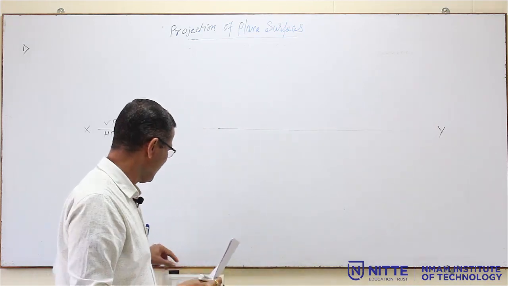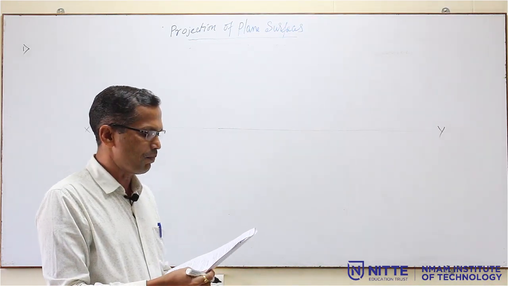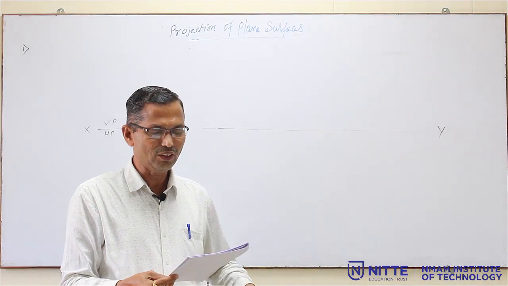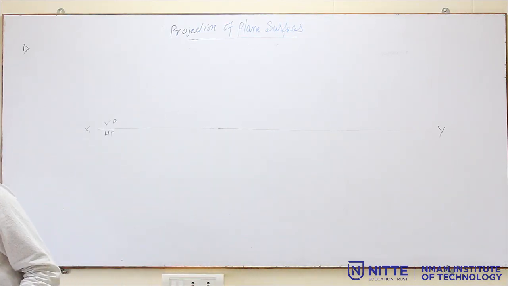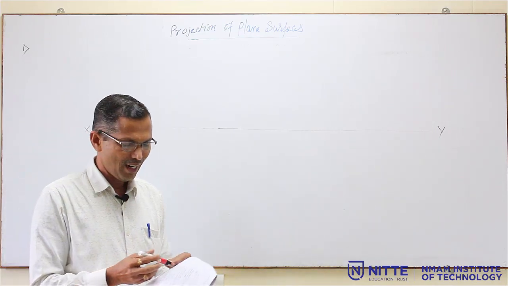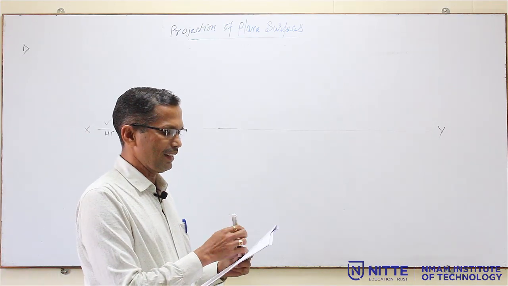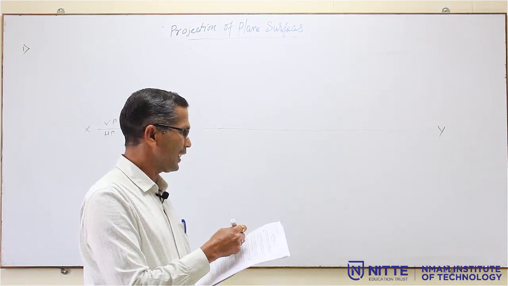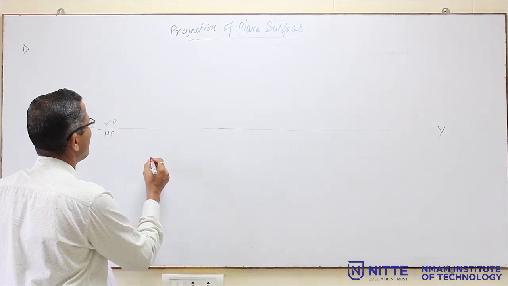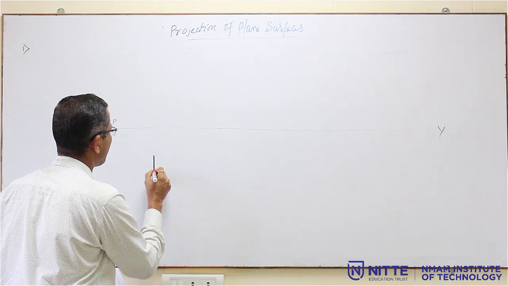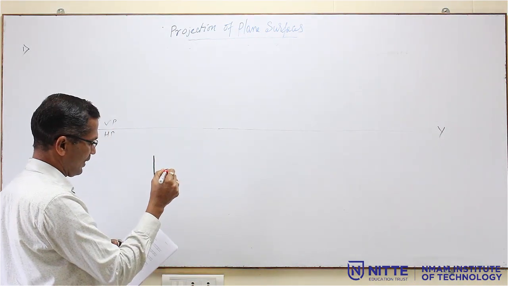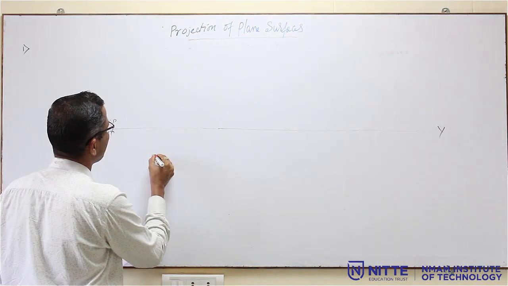Here the surface is inclined to HP and the line inclination is to VP. That means you have to start the problem from HP, and it is the edge condition, resting on one of the sides. So you have to start the equilateral triangle from here, an equilateral triangle of 40 mm side.